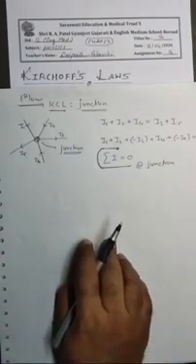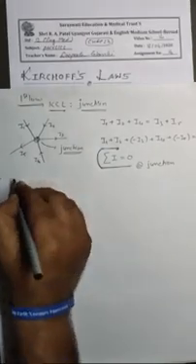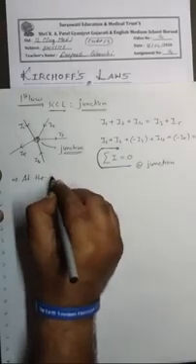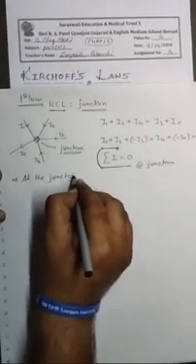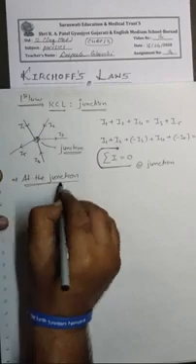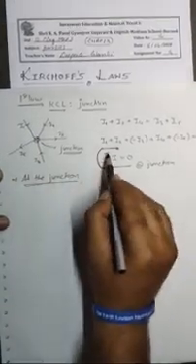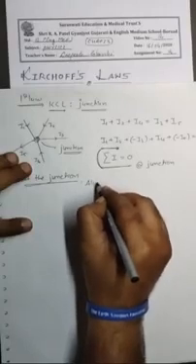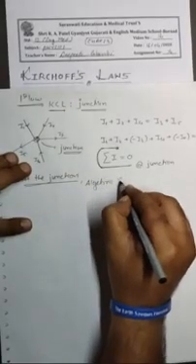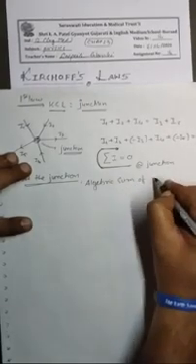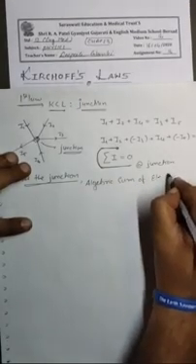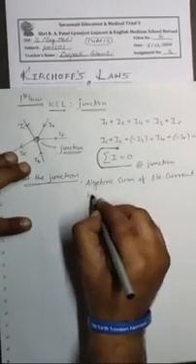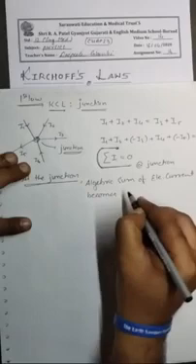Its statement is like this: at the junction, the algebraic sum of I, meaning electric current, becomes 0.